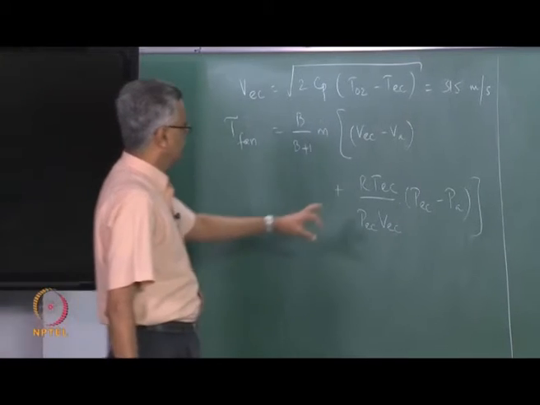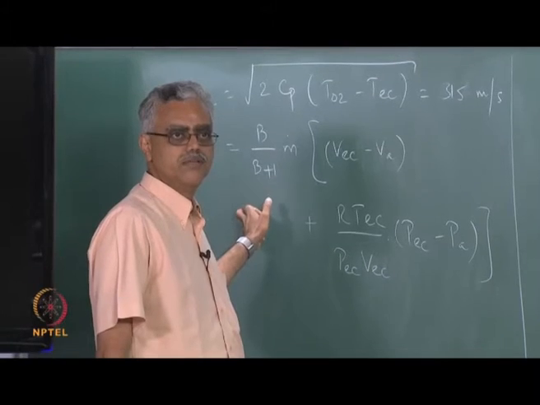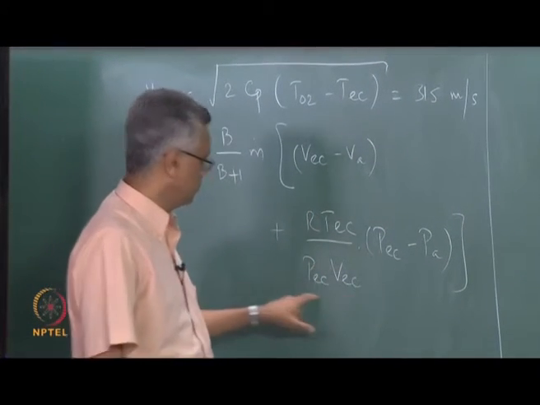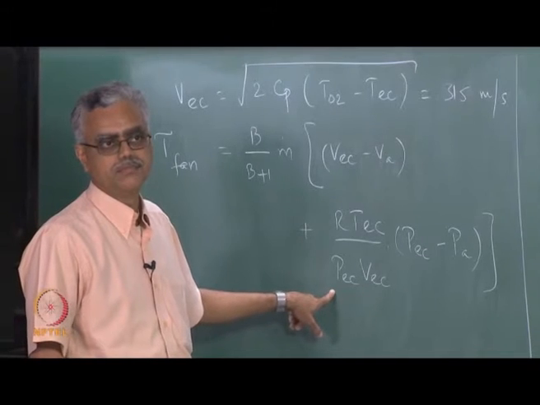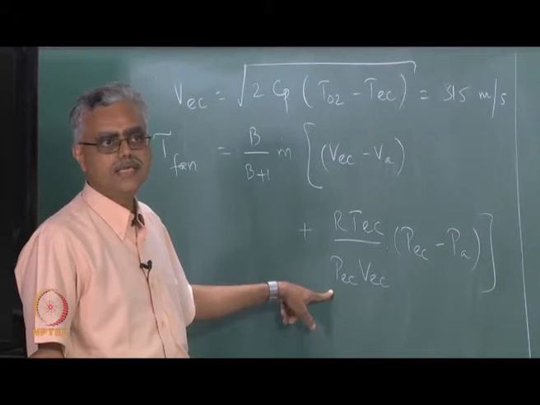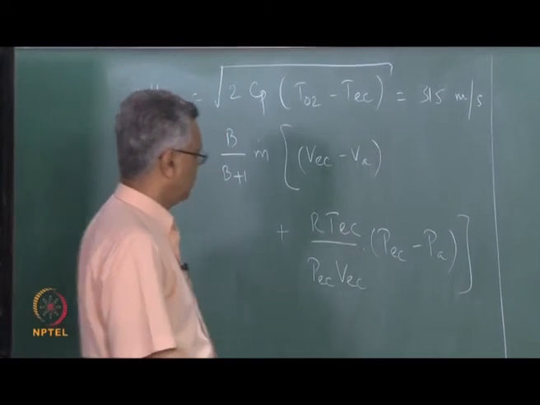There was an area term which normally multiplies the pressure thrust. I have taken out the mass flow rate, I have divided by m dot c. So that area divided by m dot c is what gives rise to this expression here, right. M dot c is nothing but rho EC times AEC times VEC. So that is what I have used here to write this expression.